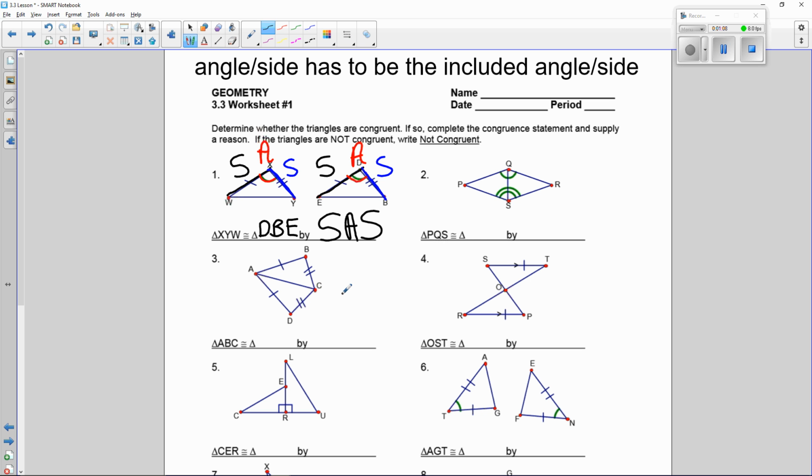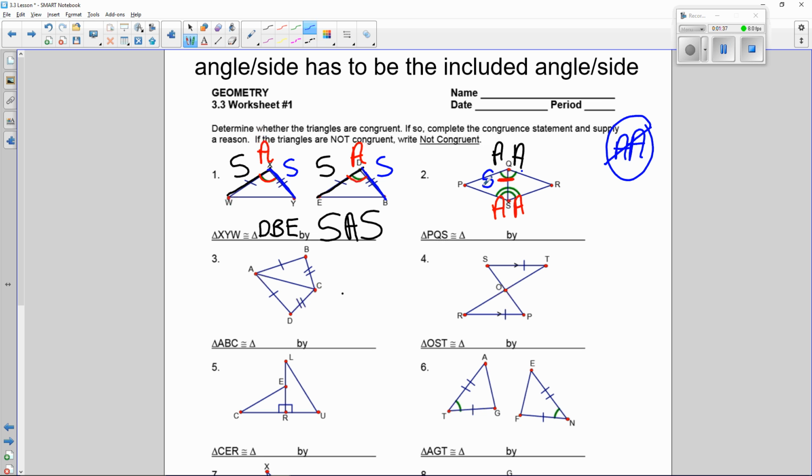Number two, at first glance, all we have is an angle here and then an angle here. And as we learned, AA is not one of the theorems we use to prove triangles congruent. So at first glance, it's not enough information, but you should notice these two triangles share a common side.